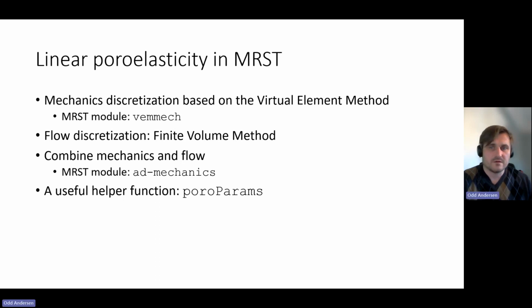The poroelastic module that combines mechanics and flow is called ad-mechanics. And in addition, I would like to highlight a useful little tool provided with ad-mechanics that allows you to convert instantly between different poroelastic parameters and moduli without having to do complex calculations.